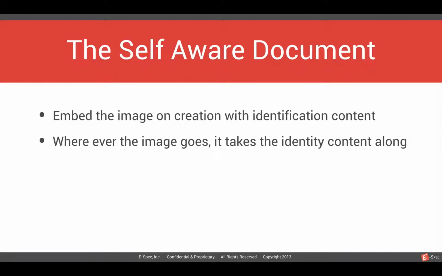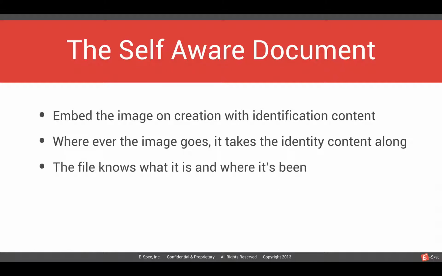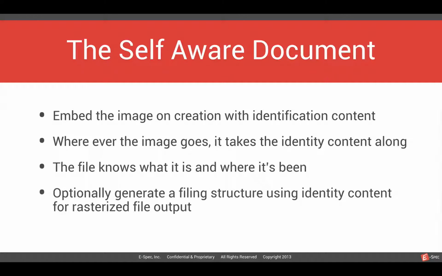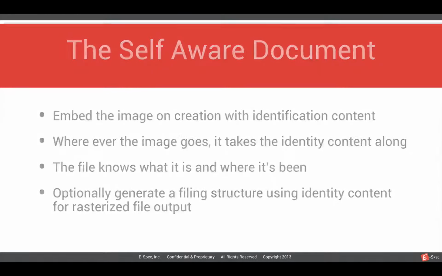Wherever that image goes, it takes the identity along with it. The file knows what it is and where it's been. We can optionally use that metadata to build a filing structure on the output location based on the values that we've entered. Let me show you how this works.